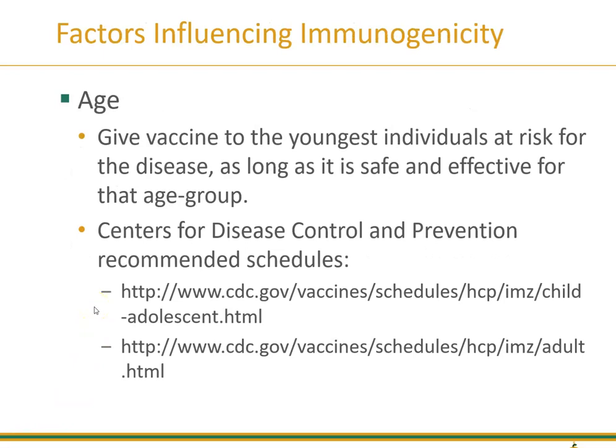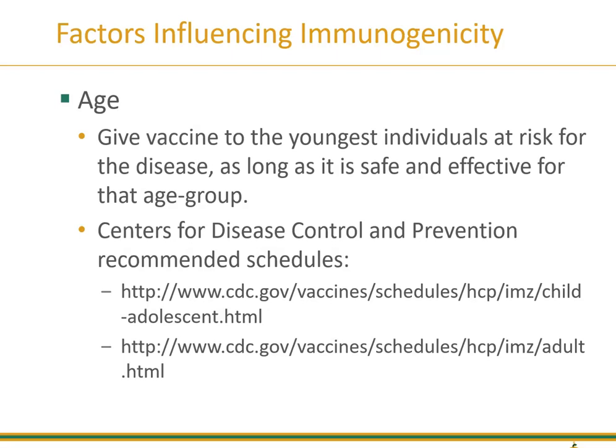So what are the factors that will influence immunogenicity? This is going back to the first chapters we talked about in immunology. Age. So giving the vaccine to the youngest individuals at risk for the disease, so long as it's safe and effective for the particular age group.